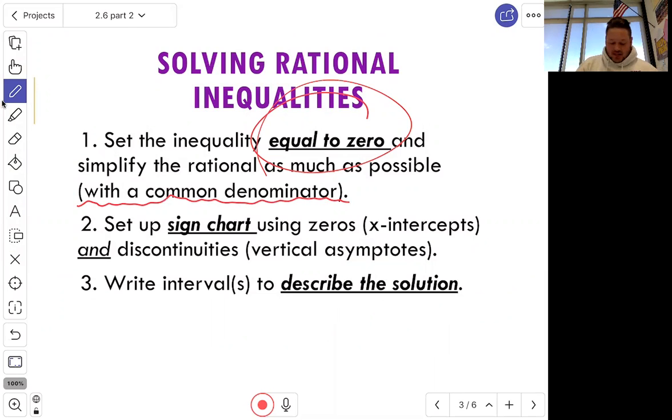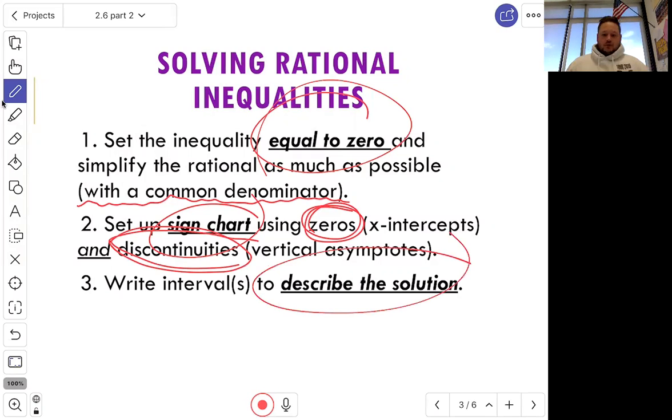After we do that, we're going to set up a sign chart just like we did in the last video. But careful here, your sign chart, you're going to use zeros like you did last time, but also discontinuities, okay? So a lot of the times when you have a vertical asymptote or a denominator, you can't have the denominator be 0. And then lastly, we're going to describe our solution with interval notation.